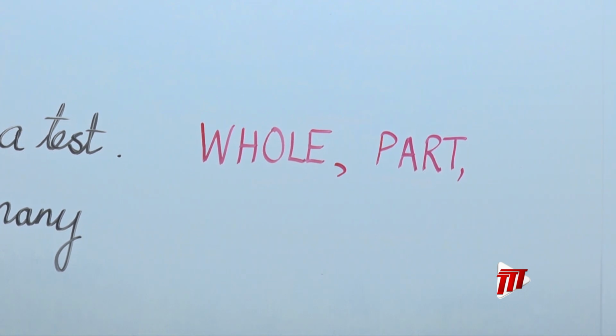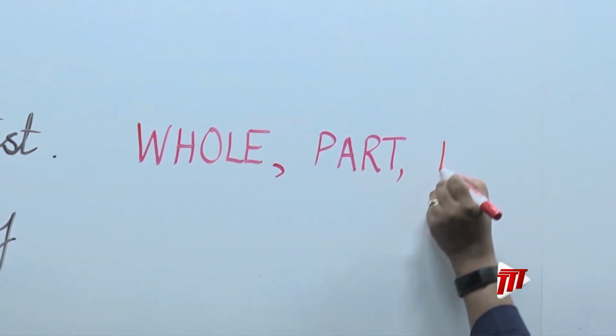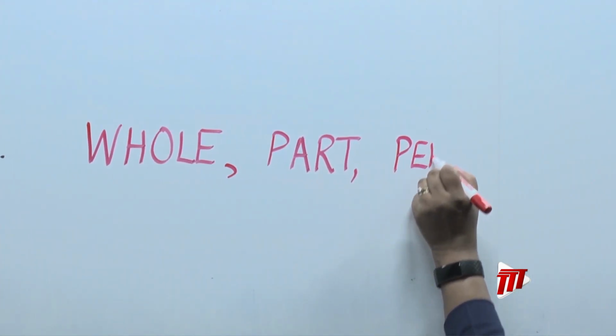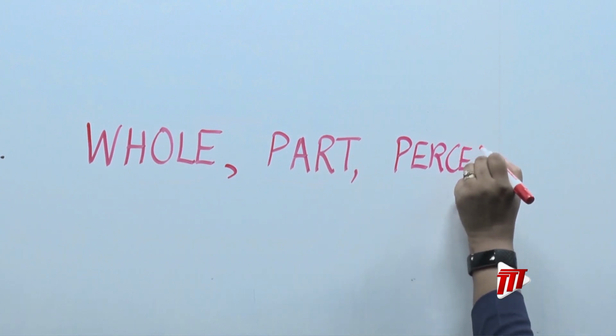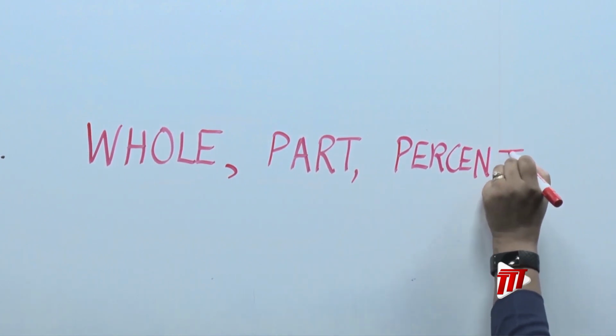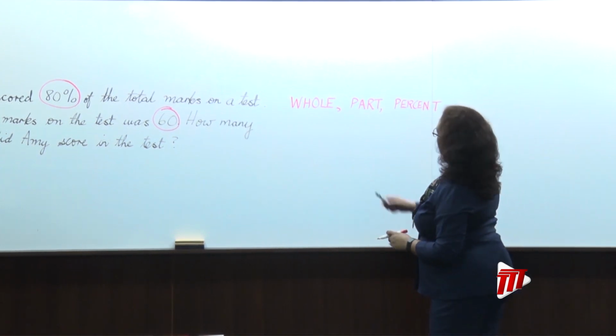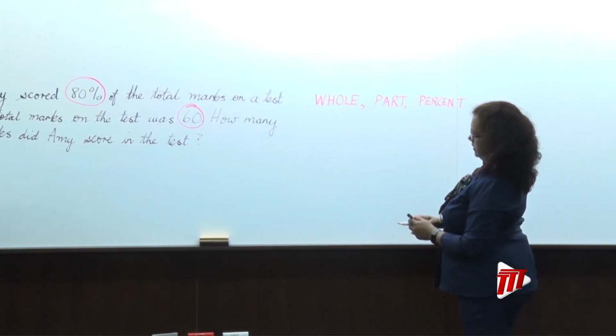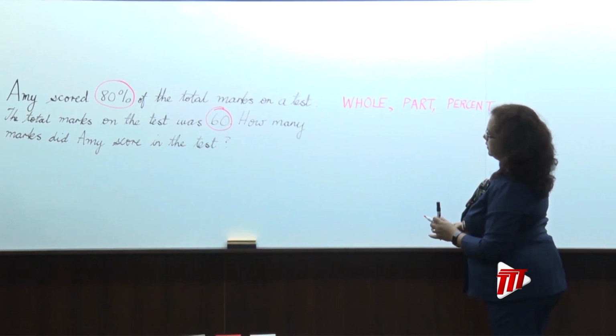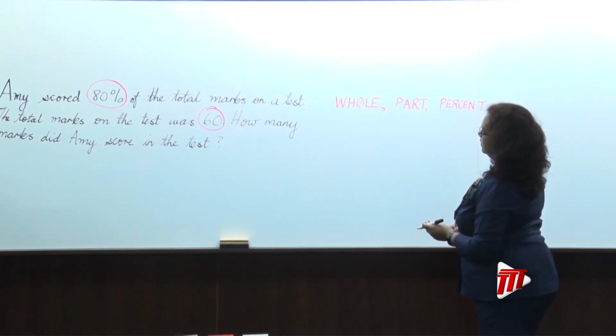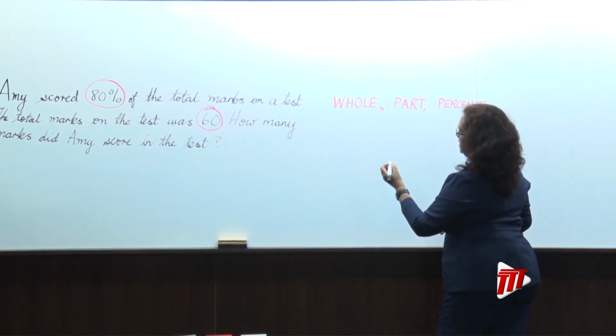And we must know what is the percent we want to calculate. So let's look at this problem and represent these on the board. So we have the percent, which is 80.